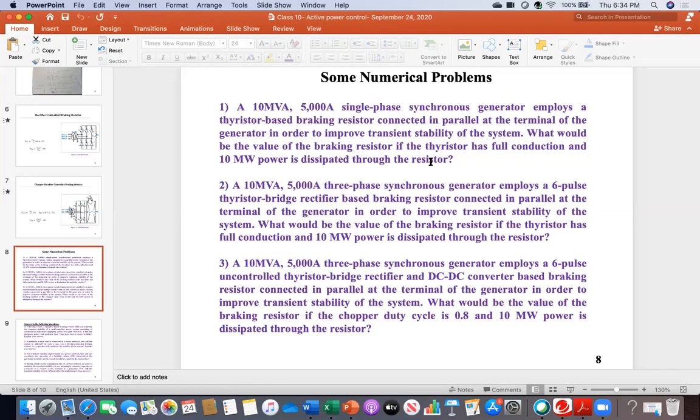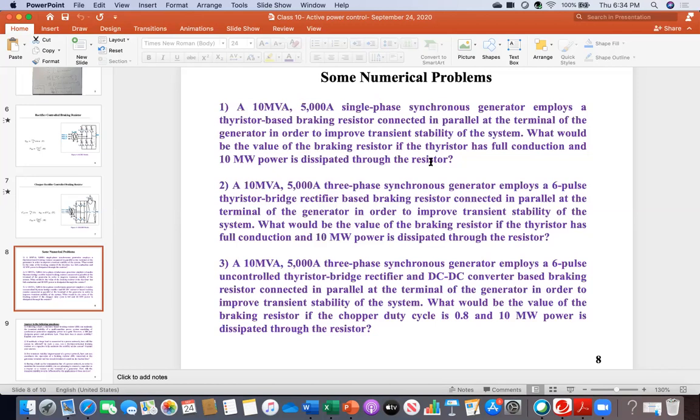Before the VDC, you need the line voltage. I got 1102. Sorry, that is wrong. Look once again at the very beginning of the problem: 10 MVA is the three-phase apparent power, and 5000 is the rated line current.